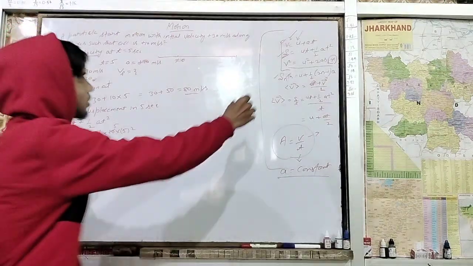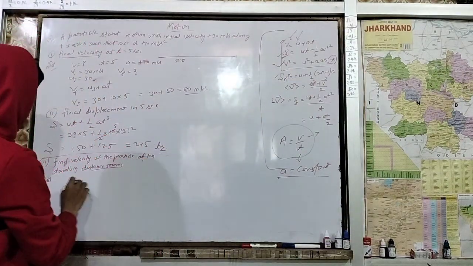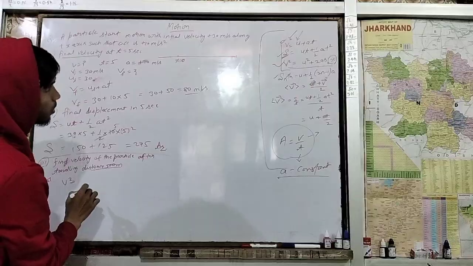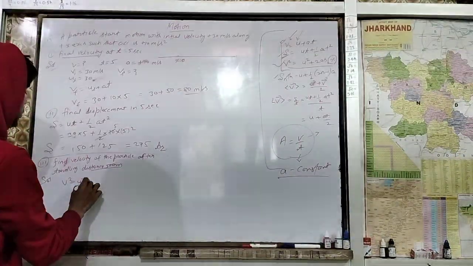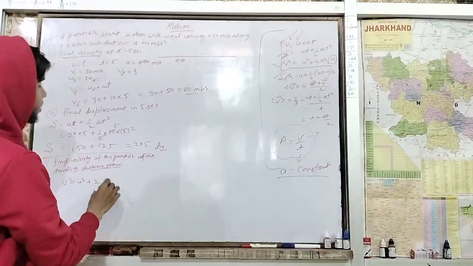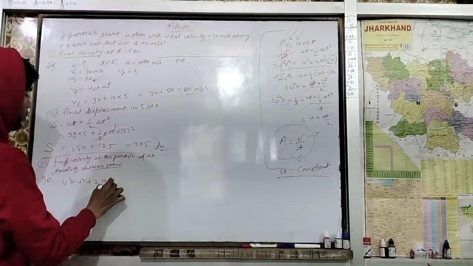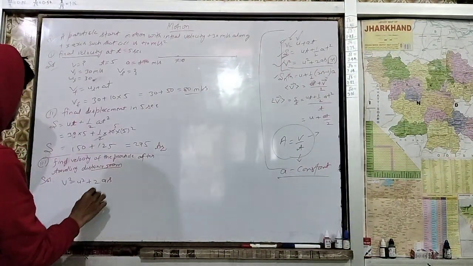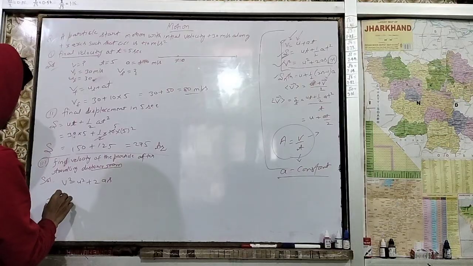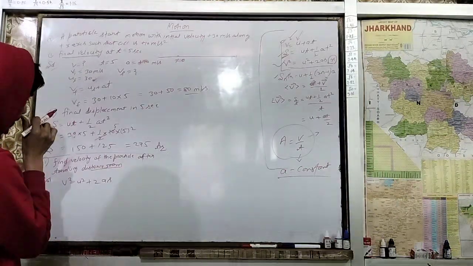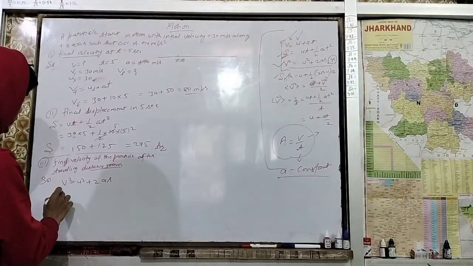Use this equation: v raised to power 2 is equal to u raised to power 2 plus 2as. So s will be our 500 and a is given, which is positive 10. V we have to find.